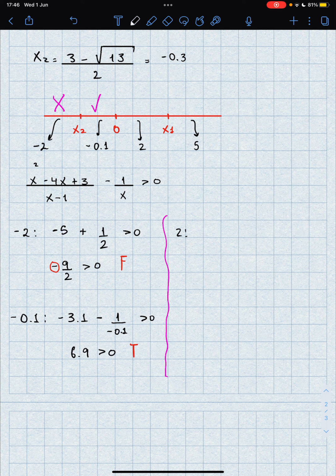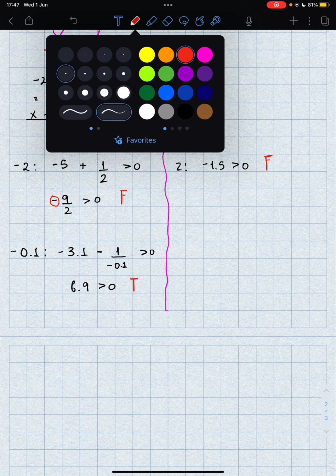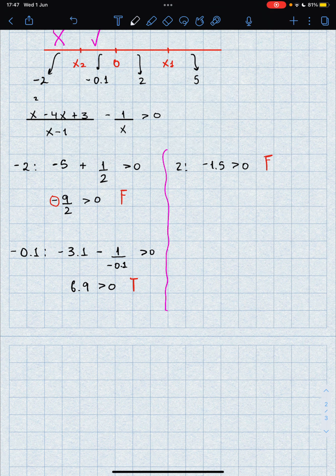So here we have minus 1.5 is greater than 0. No, sir. This is false. And for the next one, this is 5, right? So for 5, let's do it.